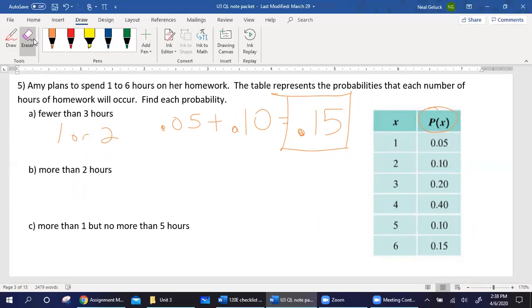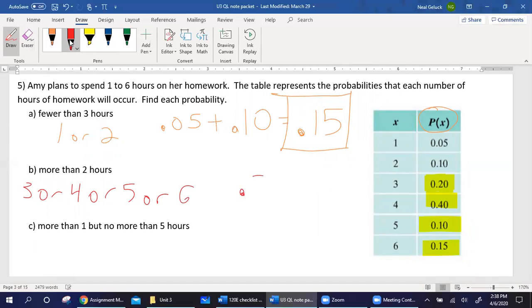For letter B, more than 2 hours. More than 2 hours would mean it could be 3 or 4 or 5 or 6. So that means I'm going to add the probabilities for the 3, the 4, the 5, and the 6. If you add all of those up, you will get 0.85. She has an 85% chance for that.